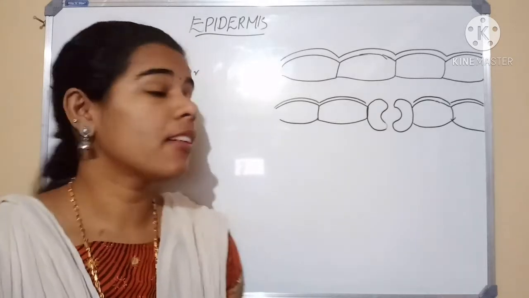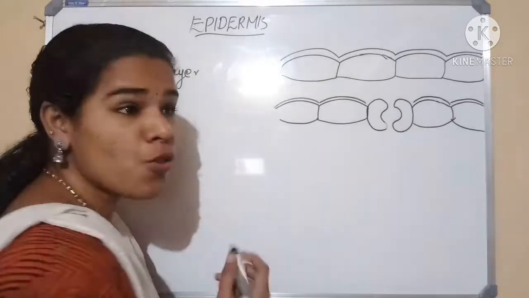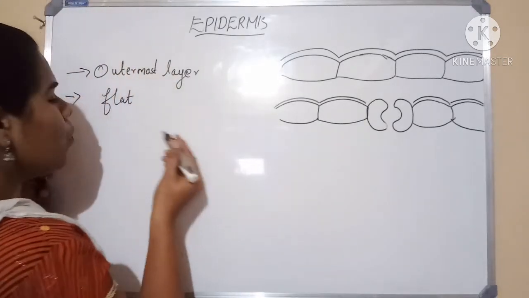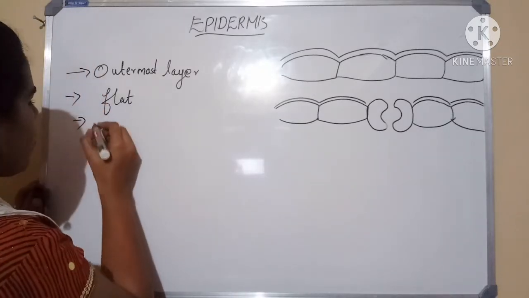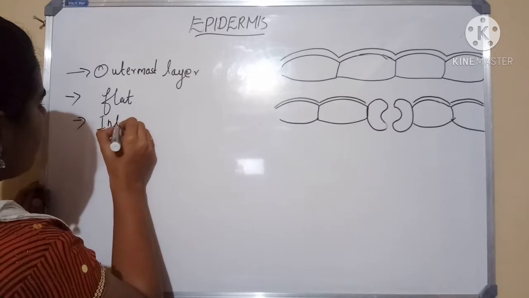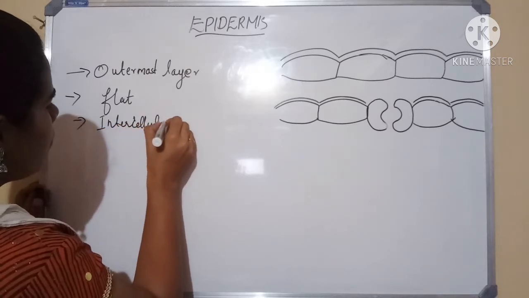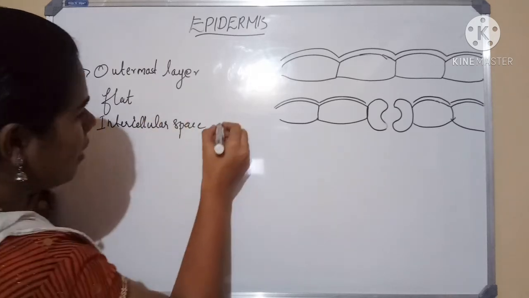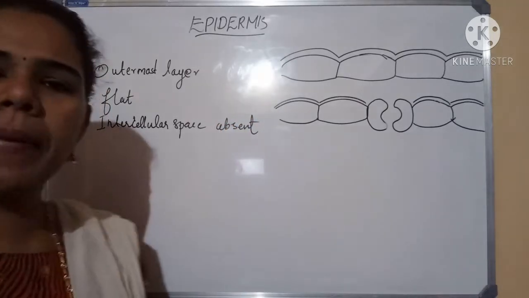Epidermal cells are a continuous layer. There is no intercellular space, or intercellular space is absent in the case of epidermis.